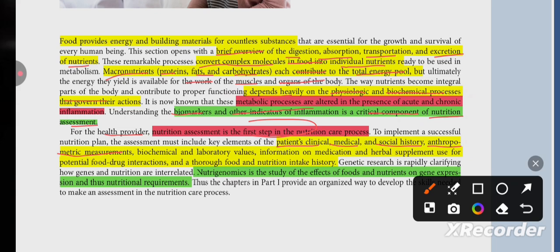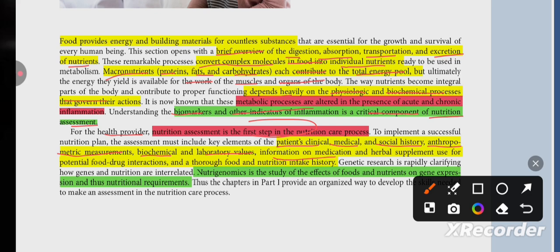These all come under anthropometric measurements. In biochemical and laboratory values, we check the hemoglobin levels, their LFTs and RFTs, and their CBC report.